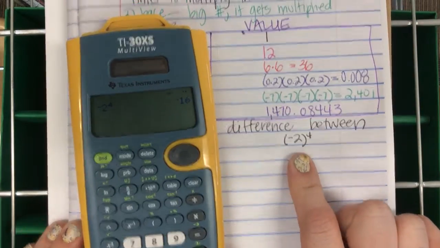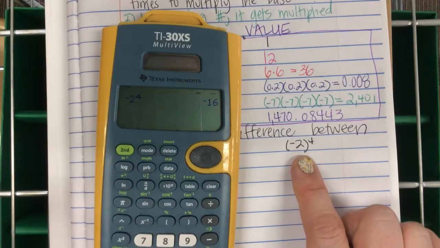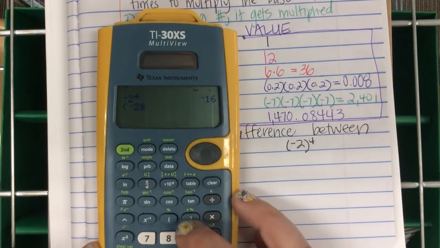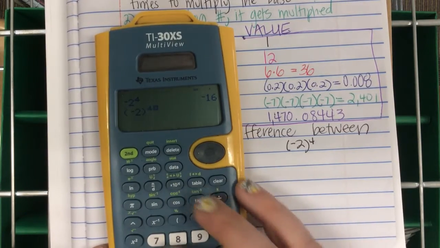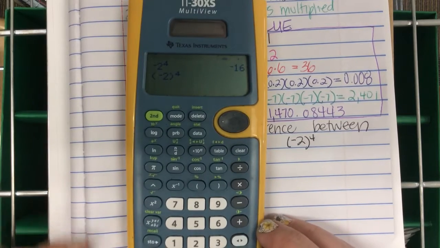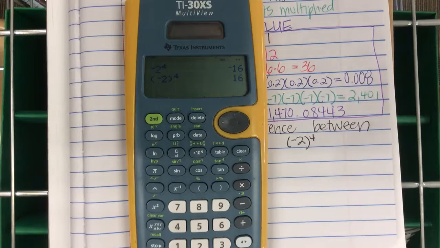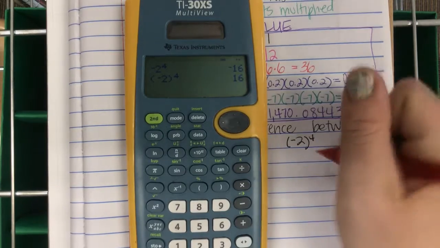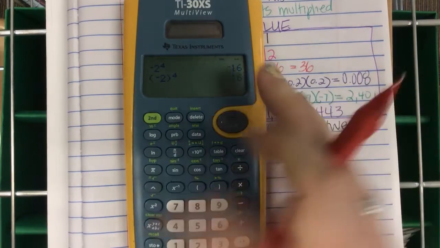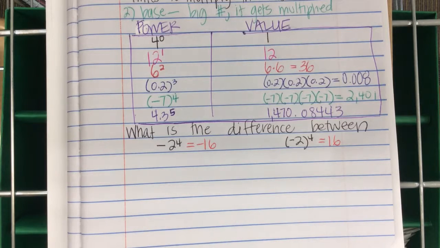I heard Carlos say something. What's different? Like, what's visually different about them? Yeah, it's surrounded by parentheses. So, do you think that's going to change my answer? Are they different answers? But they're the same problem.